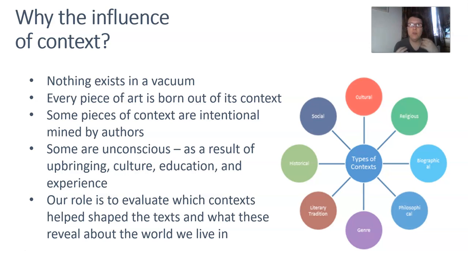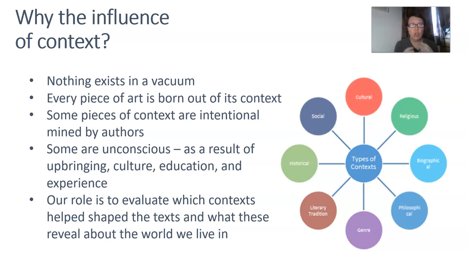There is no writer who is able to cut themselves off from their upbringing, their education, their family circumstances, the life events that they've experienced, the culture that they've experienced, the positives and negatives in their life. And so we can't cut ourselves off from them.